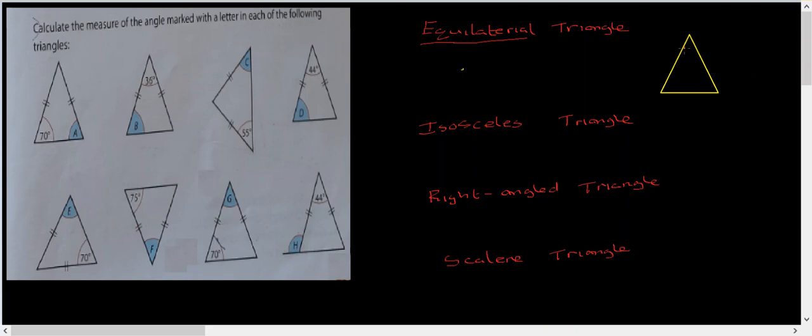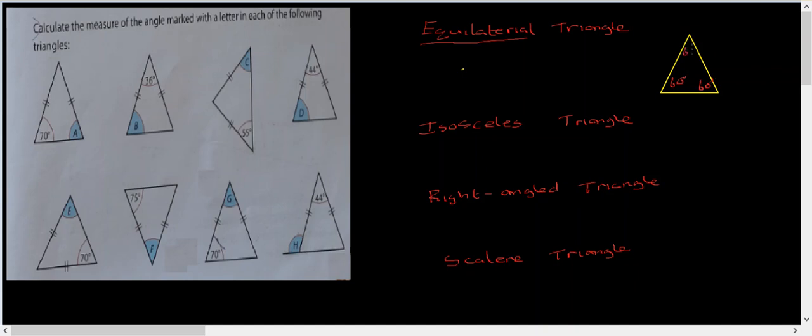We have the angles, and then you have the sides. With an equilateral triangle, all of the angles are 60 degrees. So the 3 angles are 60 degrees.